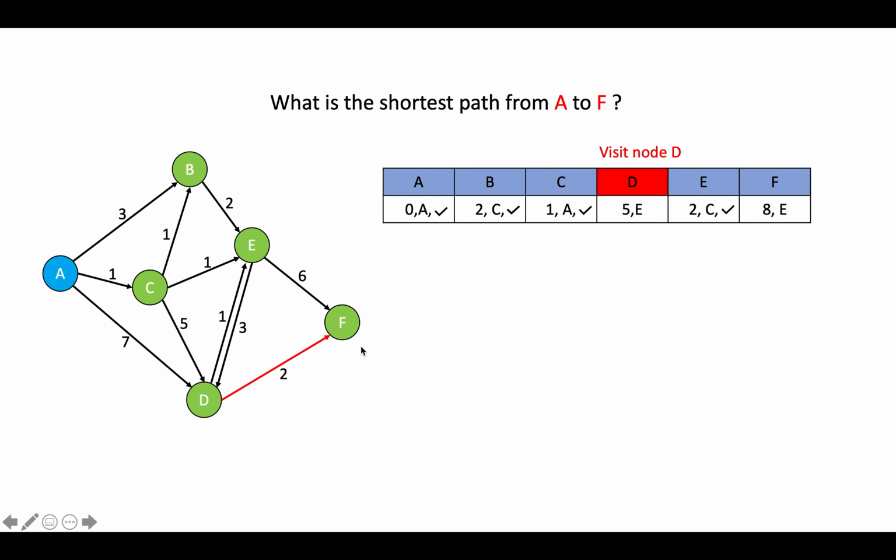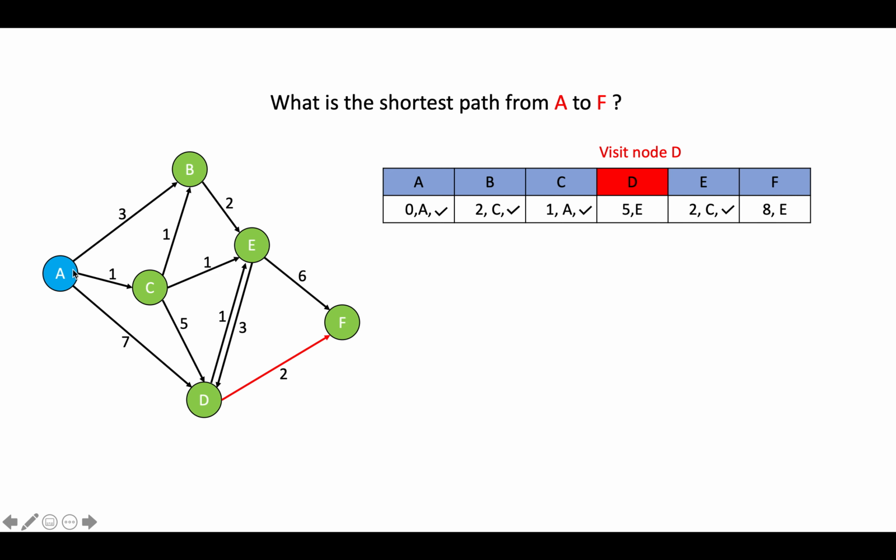And for node I, we can see that currently, if we do not use this new information, the shortest distance from node A to node I is 8, right? So if we use this new information, we can see that we can go from node A to node I via node D. And for node D, we should go from node A to node D via node E, which is this. And for node E, we should go from node A to node E via node C, which is this, right?